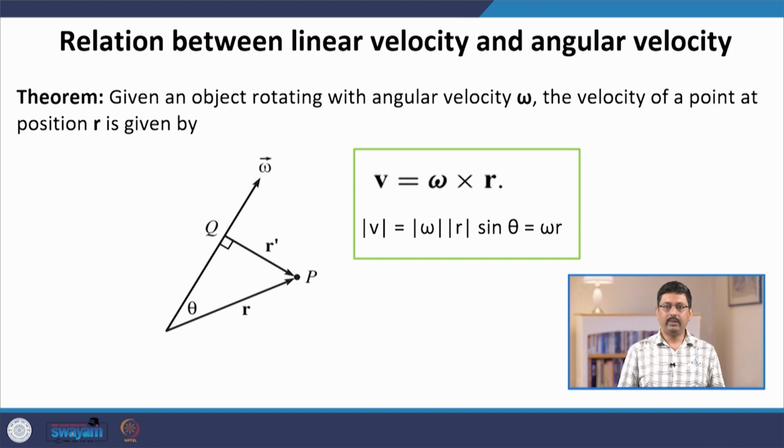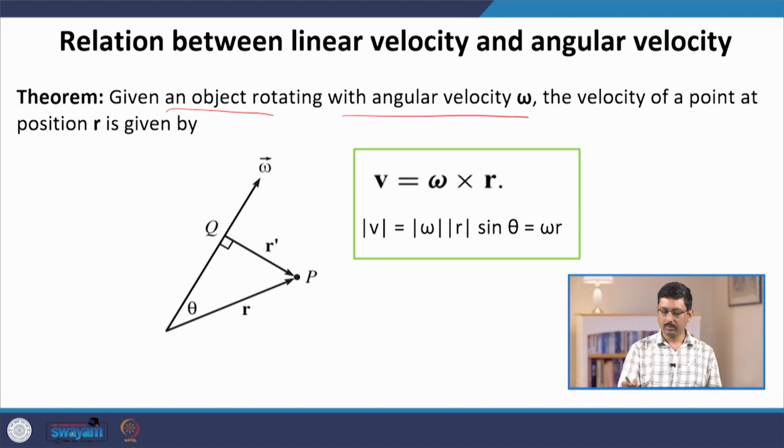Now, to define formally the angular velocity, we say that given an object which is rotating with an angular velocity omega, we know that the angular speed is the magnitude and the direction, given by the right hand thumb rule, is along the axis of rotation.